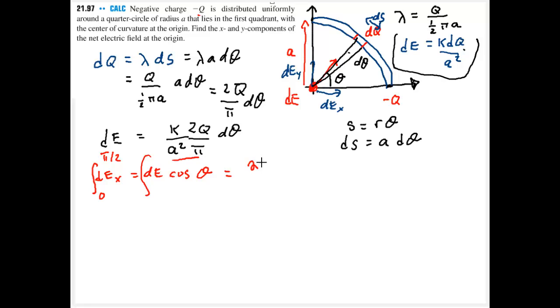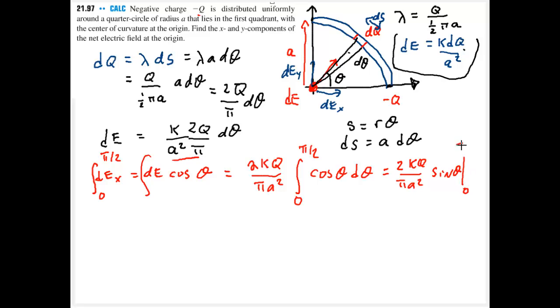And so what we're left with is 2kq divided by pi a squared times the integral of cosine theta d theta. And again, we're integrating from 0 to pi over 2. We know that the integral is simply a sine, so we're left with 2kq divided by pi a squared multiplied by sine theta evaluated at 0 and pi over 2.